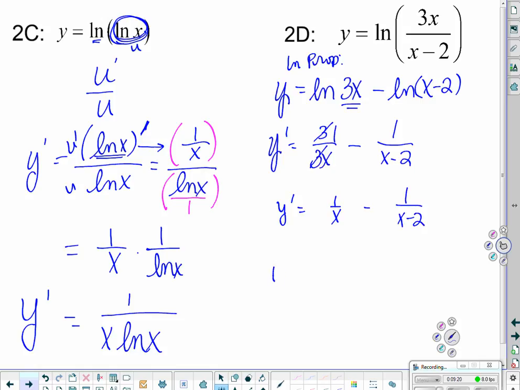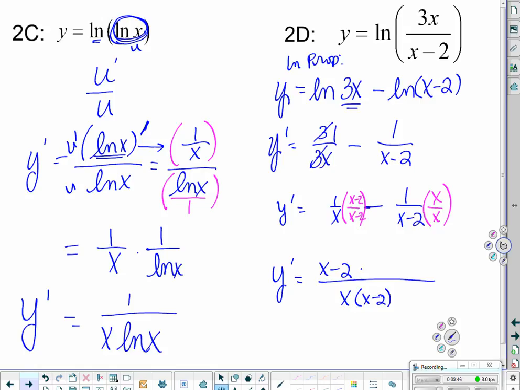I would like you to practice pulling those fractions together because I suspect you will need to be able to do that for multiple choice answers in the AP exam. Of course, we need like denominators, and that like denominator will mean that each of these fractions needs the other denominator. Pulling it together, we're going to have an x minus 2 over this x minus 2.